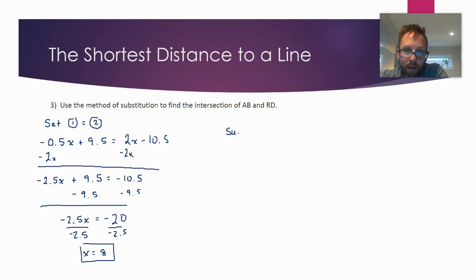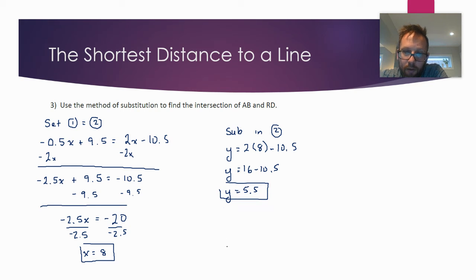So I'm going to sub that into equation 2. The y value, 2 times 8 minus 10.5. Yeah, 16 minus 10.5. Awesome. So we found the point of intersection is our point D, and it's 8, 5.5.